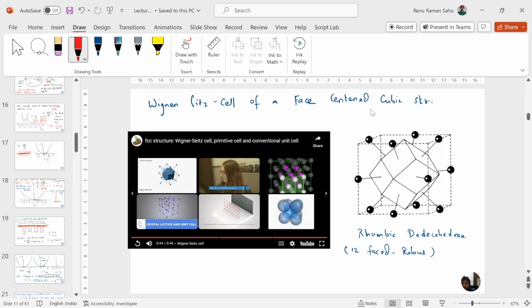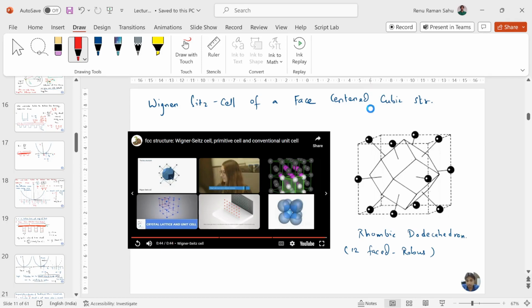When we talk about the Wigner seed cell, it is just a mathematical, geometrical construction. It has no physical meaning, no Brillouin zone, nothing. So the Wigner seed cell is just a geometrical construction which is done by the method that we had discussed. Okay, that point is clear, right? The Brillouin zone cannot be anything. The Wigner seed cell has no physical significance. It is just a geometrical construction.